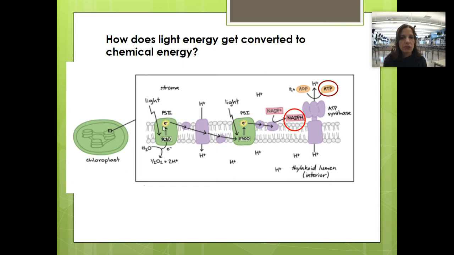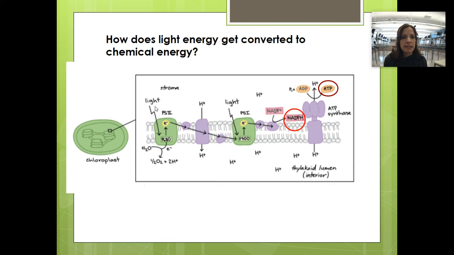You have two photosystems, photosystem 2 and photosystem 1. You might wonder why photosystem 2 comes first before 1. Well, photosystem 1 was discovered first, and then they discovered photosystem 2. This is the thylakoid membrane, and inside of it is called the lumen, which I don't know if you really need to know, but outside is called the stroma, which we'll talk about later.